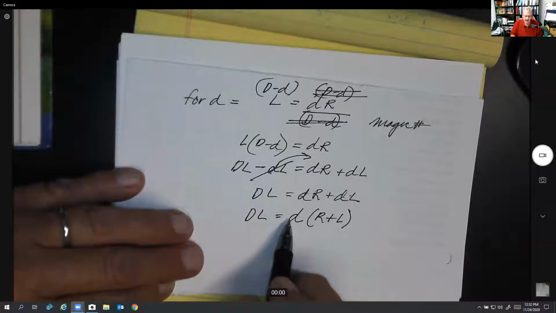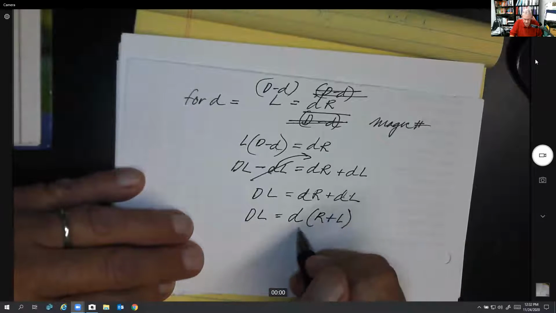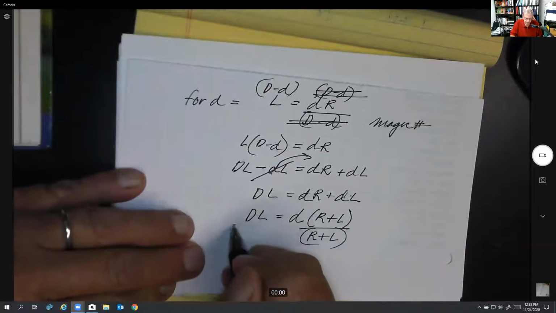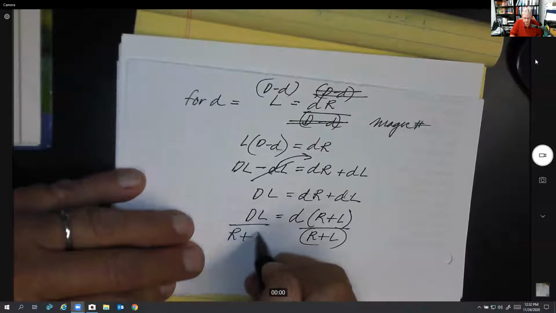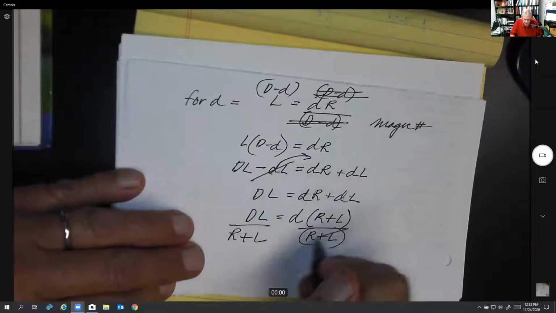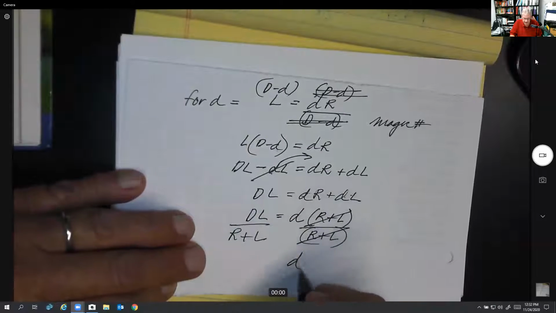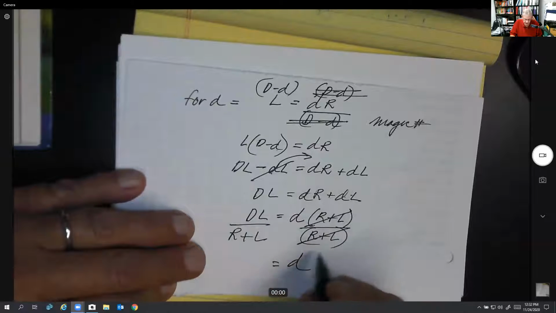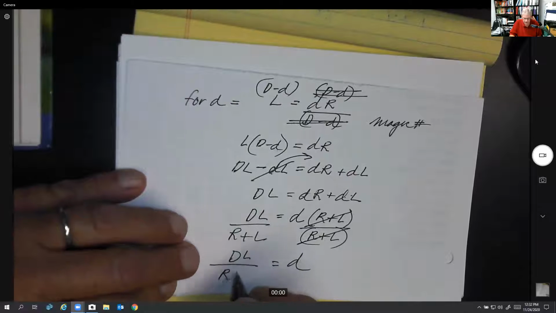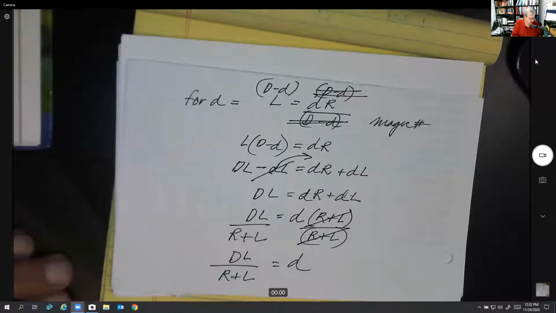So now to get d by itself, we have to divide off this whole parentheses. And again, we don't want to cancel the l's. So we can see these cancel off, and d, a lot of times the variable might be on the right-hand side. That's okay. R plus L. And there's our answer.